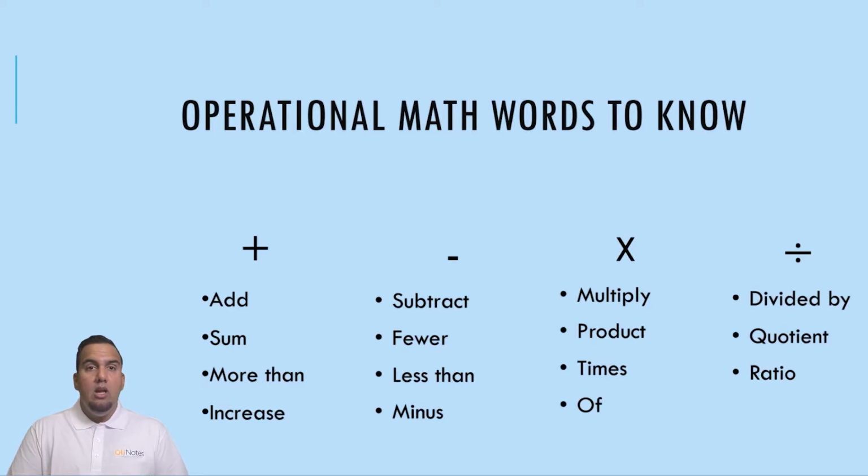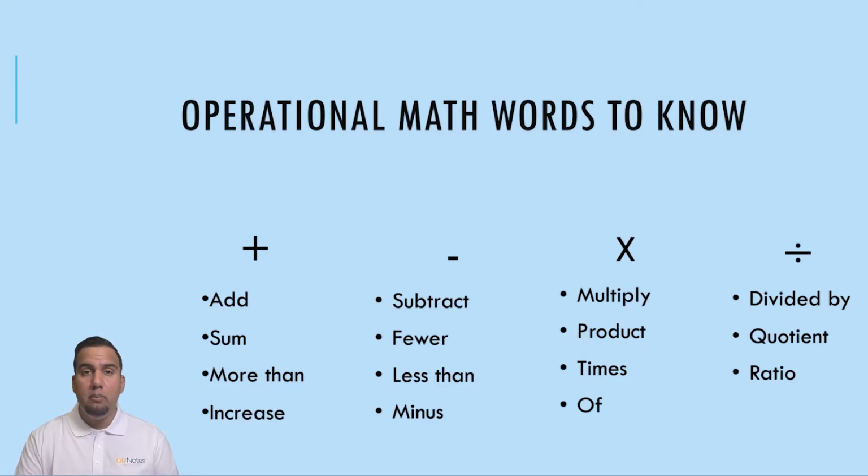Okay. Before we get started with the actual problems, we have to know the most important mathematical operations that we can work with. The 4 most famous operations that we are always going to work with, which you saw last year and the years before that, are addition, subtraction, multiplication, and division. Addition has words that you want to know that get associated with it, for example adding, sum, increase, more than.